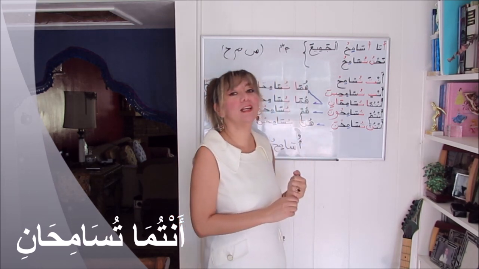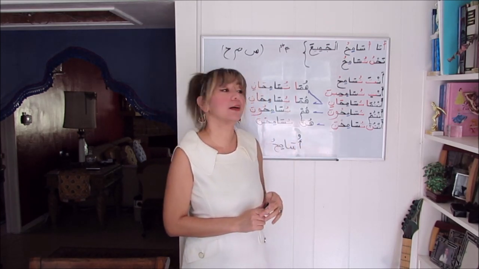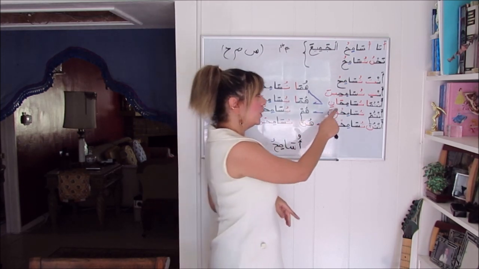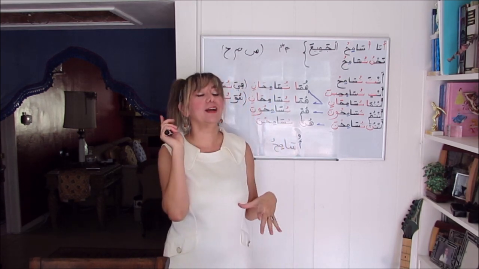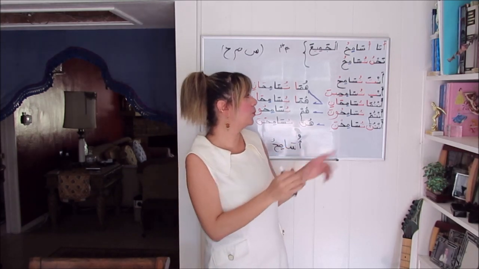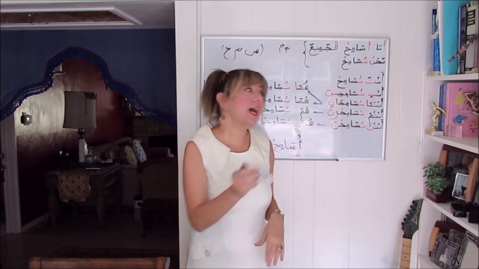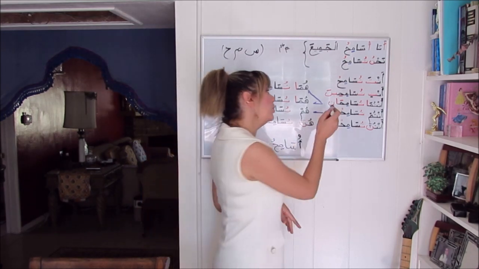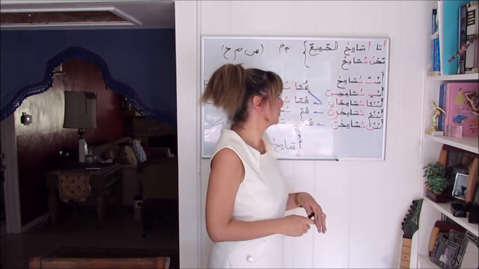Here we need the dual alif of antuma to mark the suffix ani. Again, we know that the long vowel alif has to be preceded by a fatha. That's another rule. So we have kasra ya, fatha, alif. So that alif is the subject of the verb, and the noon is the nominative case marker. Alright?